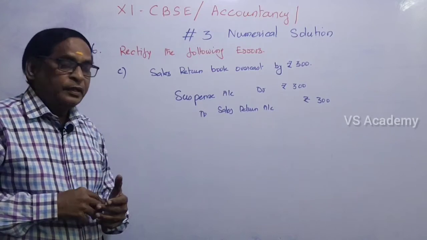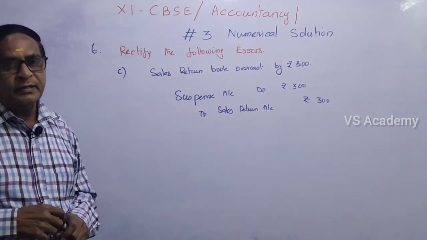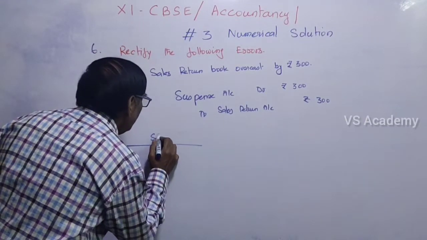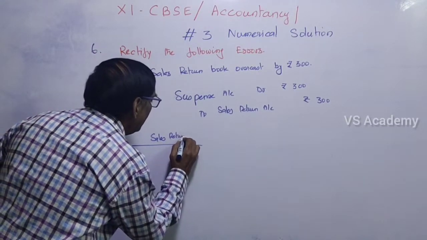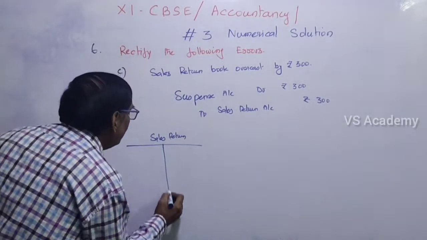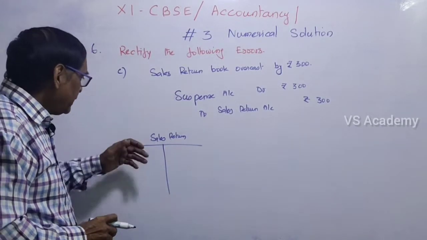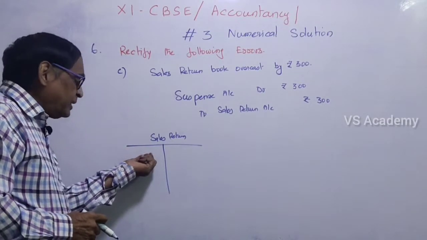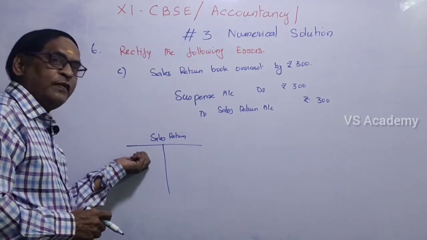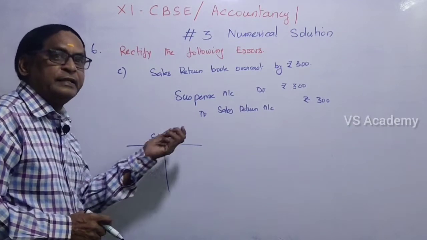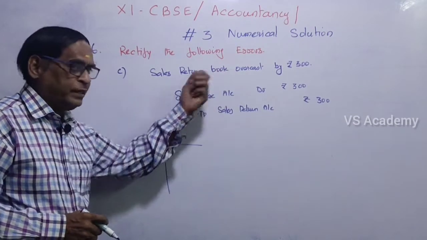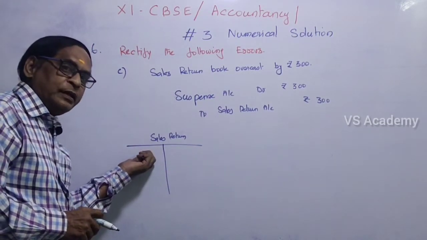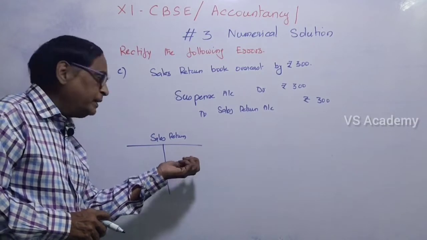For example, if it is before trial balance, what will be the entry? This is a sales return account. For explanation, I am writing these diagrams, ledger and all. Sales return account should be debit, but we have shown excess in the debit side because we have overcasted it. So that should be cancelled. If the debit side is to be cancelled, we have to make one more entry in the credit side.